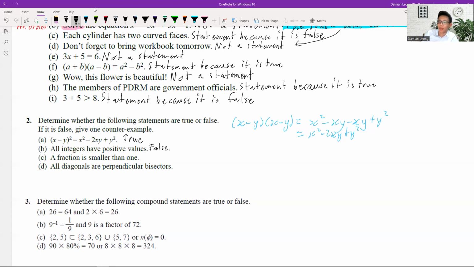I can take any negative whole number basically. So let's say I take negative 2. I can say negative 2 is an integer. That's the counter example. Negative 2 is not positive, but it is an integer.